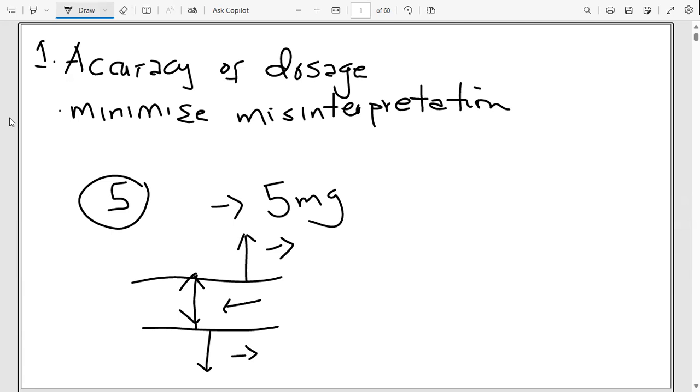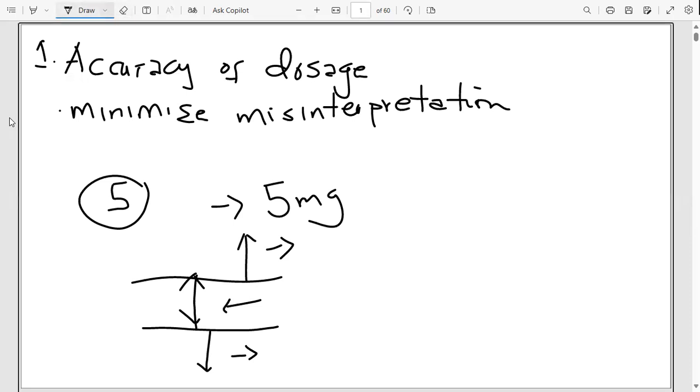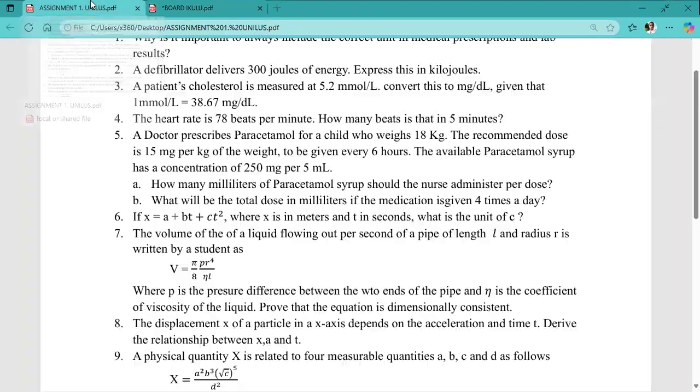So I can just put these two as the reasons why you need the correct units when you're dealing with medical prescriptions and dosing. The other ones, you can look them up, but this is just theory and it shouldn't give you a lot of problems. So that was question 1.